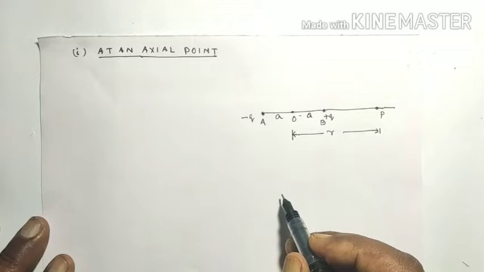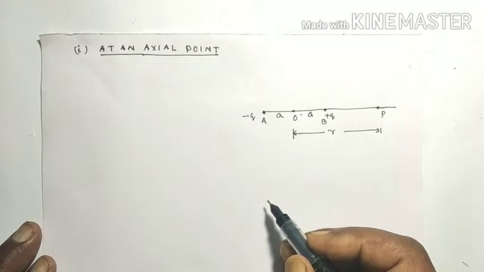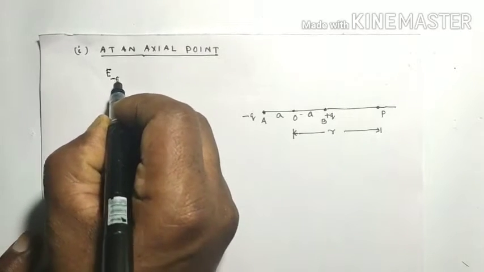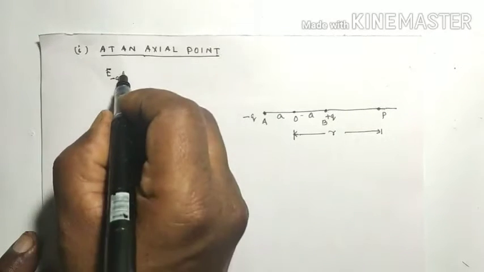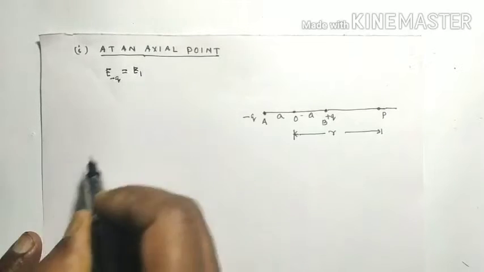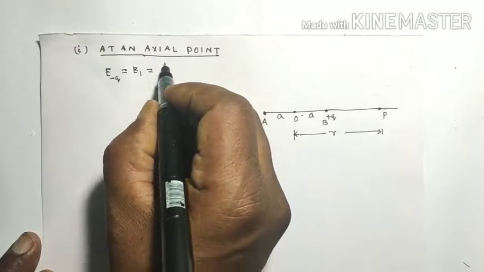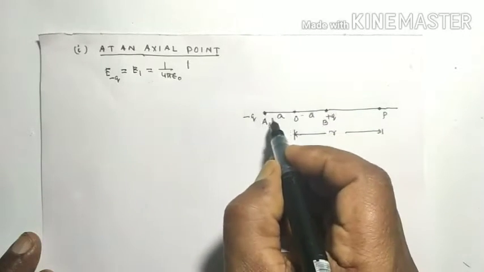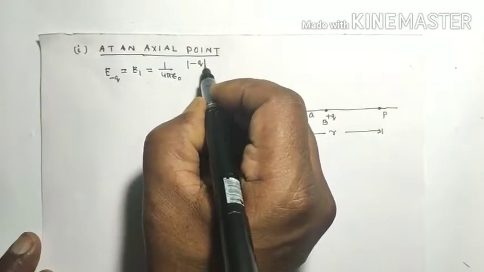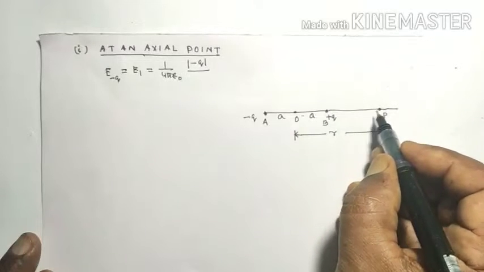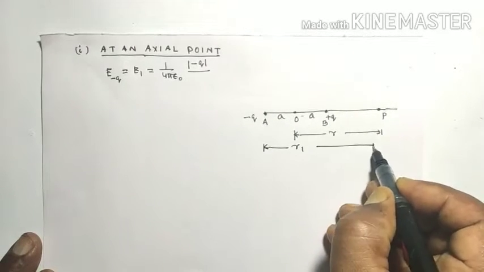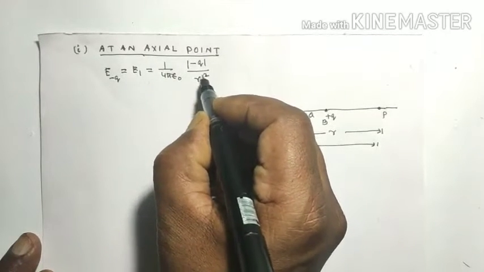Now electric field at P due to negative charge, that is E minus Q, can be written as E1. E1 is equal to 1 by 4 pi epsilon 0 magnitude of the charge minus q, mod of minus q, divided by distance of P from A. Suppose it is R1. So R1 square.